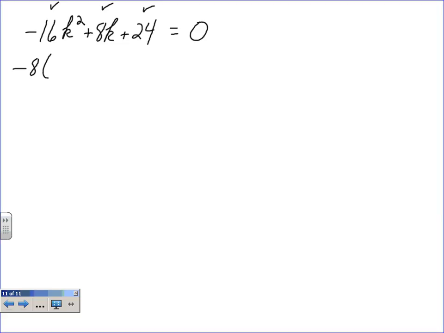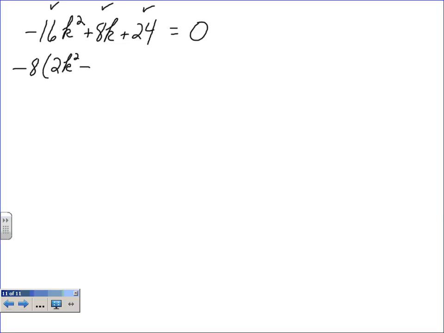So a problem like this, we'll take a couple of different steps here. Well, now, I took a negative out. That means all the signs are going to change. And then I took an 8 out. How about if I write 2k squared? Negative 8 times 2k squared, yeah, that gives us negative 16k squared, right? Remember, the signs will change now.